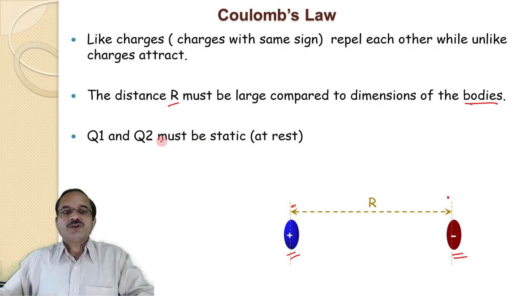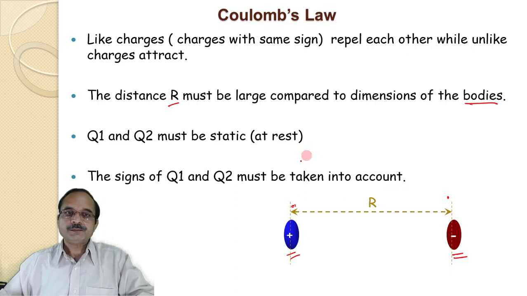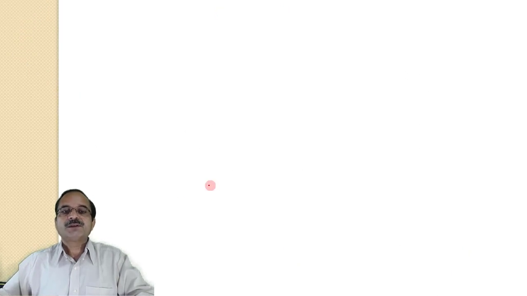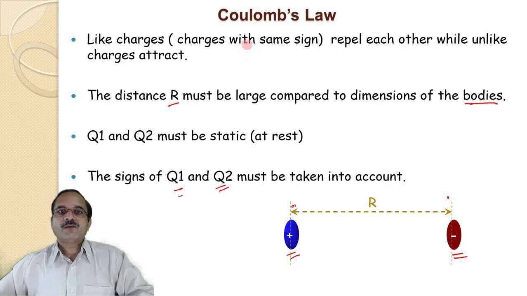We also assume that Q1 and Q2 must be static, that means the charges are not moving, they are at rest. And while evaluating this force, signs of Q1 and Q2 must be considered. So these are the assumptions under which we can apply the formulas we have seen just now.